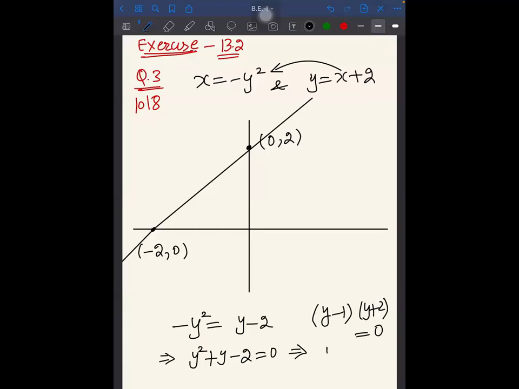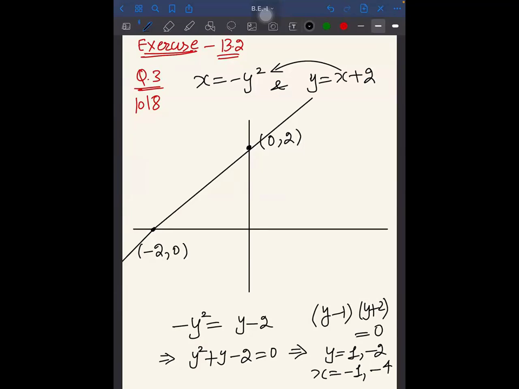So y is equal to 1 or minus 2. If y is 1, then x has to be minus 1. And if y is minus 2, then x has to be minus 4. Am I right?